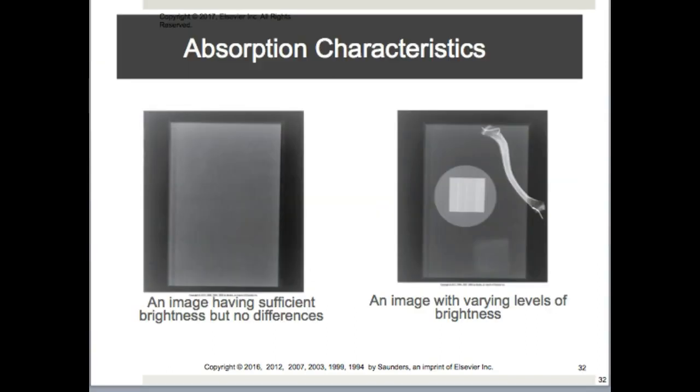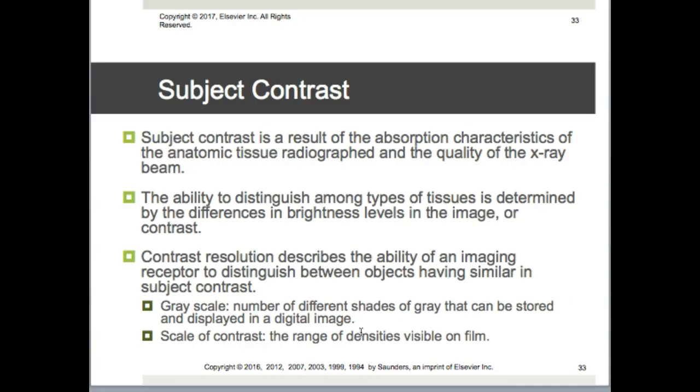So having an image with sufficient brightness but no differences within the tissues would be something like using a really high kVp where it's just passing through everything and there's no absorption whatsoever. Here, an image with varying levels of brightness. You can see here that we have multiple objects within the image, and we have some absorption so we can see the differences in the tissues.